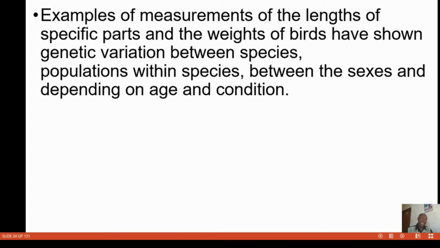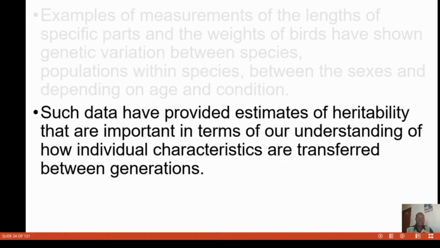So we shall be using the bird as an example to illustrate how heritability is obtained from the data taken. Such data have provided the estimates of heritability.